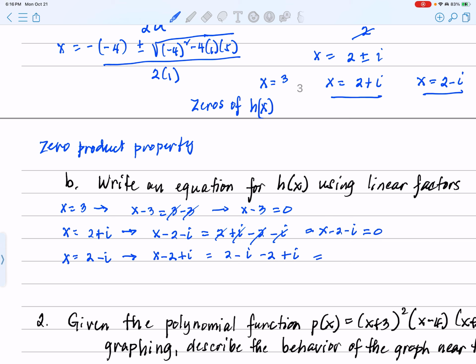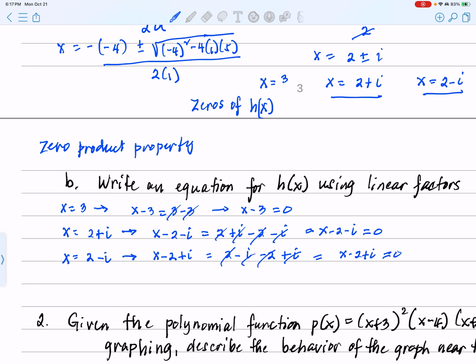That's the time you subtract 2 and add the i, the imaginary number there. So we cancel that out, it will be x minus 2 plus i equals 0.